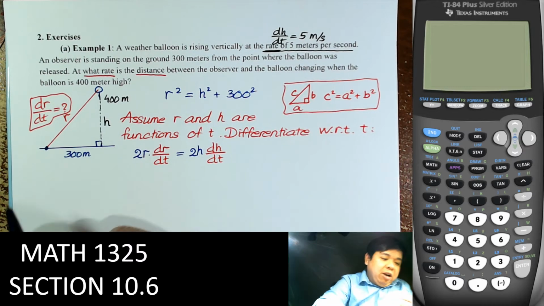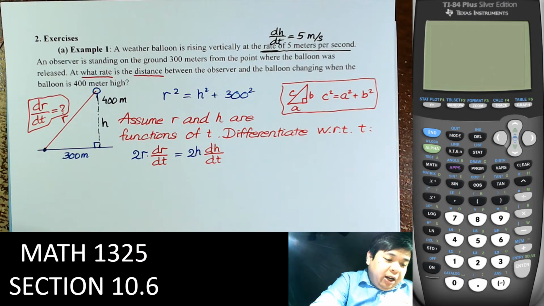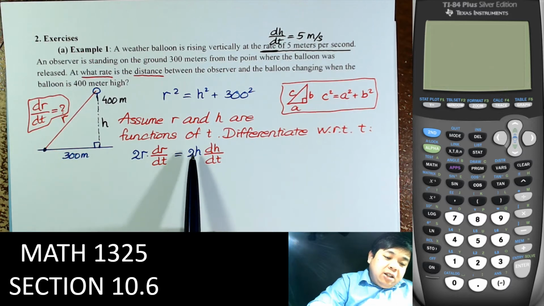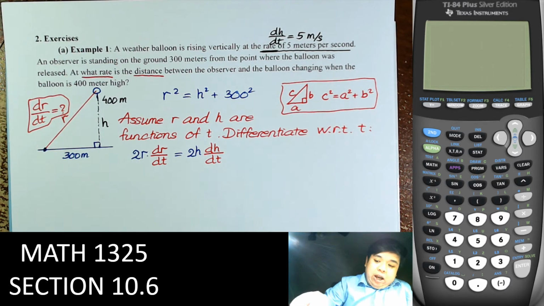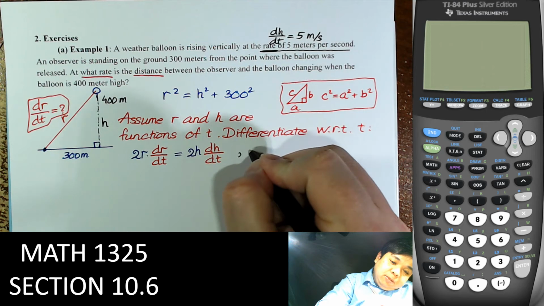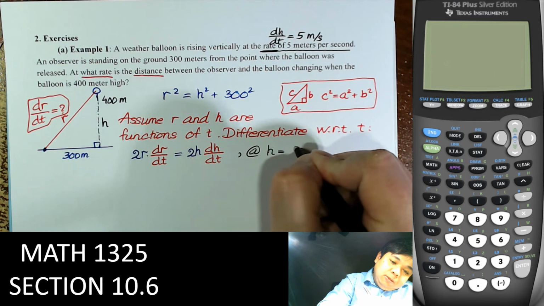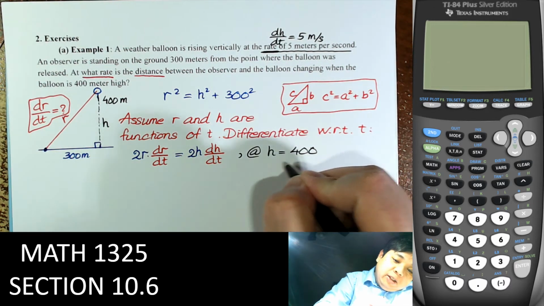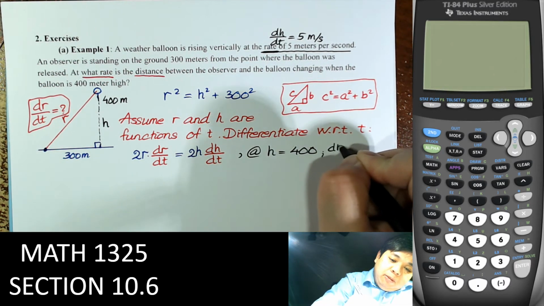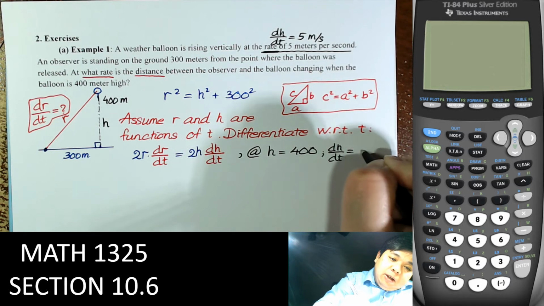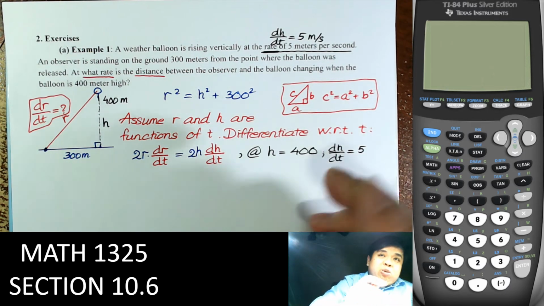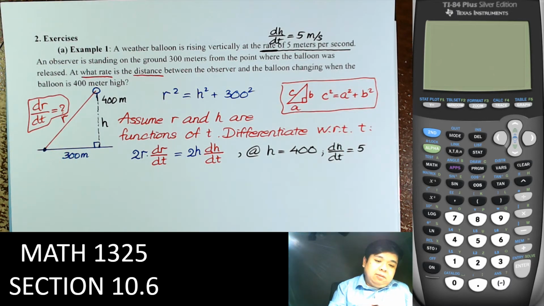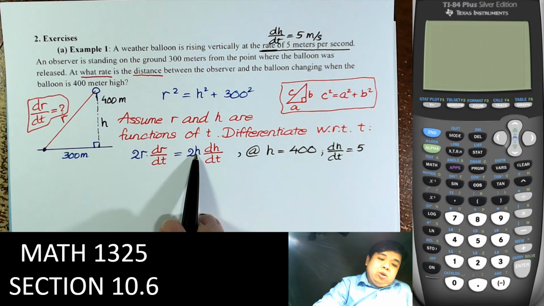Right, so related rate. So let's say we have the height at that moment is 400, so we know h is equal to 400. We know dh over dt is 5 meter per second. Let's just use the number. Right, so we have h, we have dh over dt.